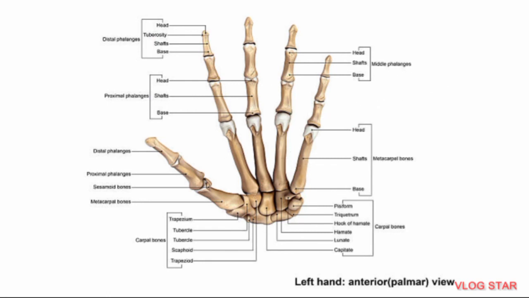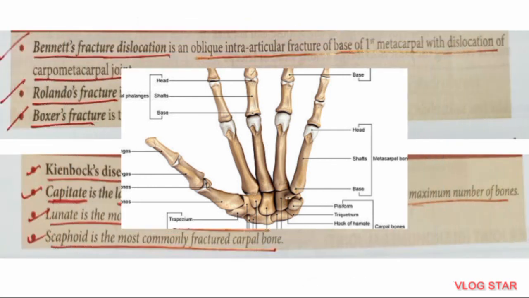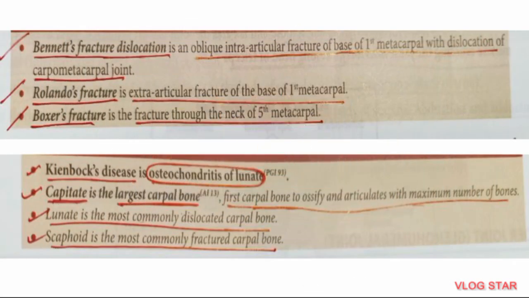Okay, now let's see some very important points. Kienbock's disease is osteochondritis of the lunate. These are the points you should know.